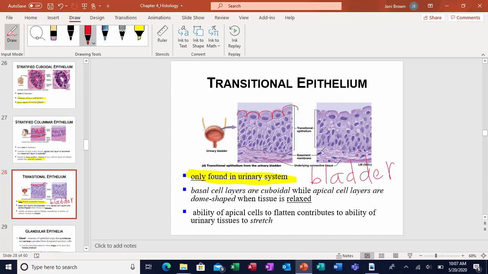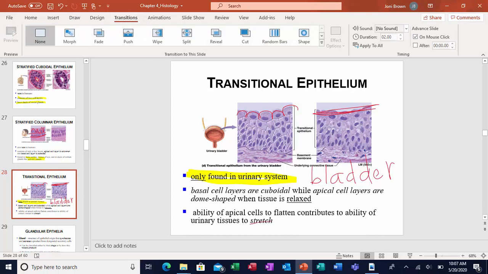Now, when it's not relaxed, like when your bladder is full and you really have to urinate, it's going to be flatter across the top, and that's not really a good picture of that either. But it's going to be flatter. The cells are going to stretch out. This is a characteristic of this tissue that no other epithelial tissue can do.